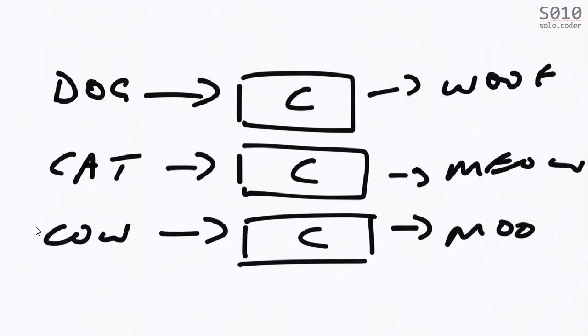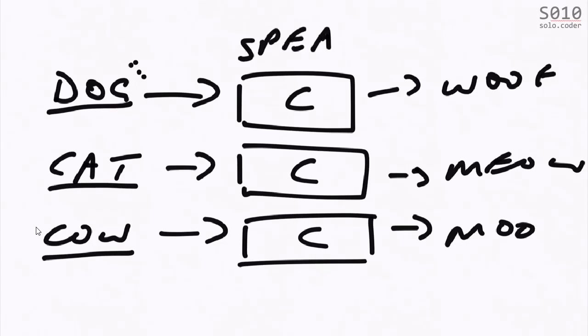So polymorphism is writing the same block of code, and most importantly, giving it the same name, but allowing it to take a slightly different type of argument, variable, or input. Imagine this was called speak.